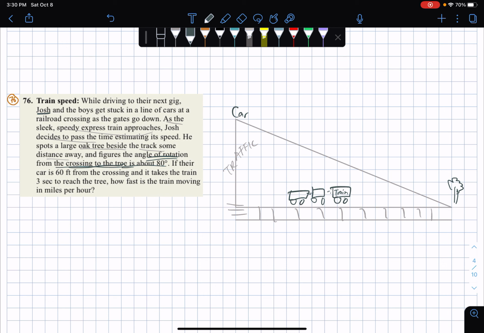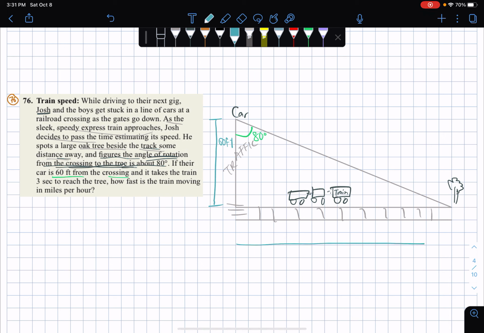The angle of rotation from the crossing to the tree is about 80 degrees. So from Josh's perspective, the angle of rotation is 80 degrees. So if their car is 60 feet from the crossing, you could say that this is the 60 feet distance. What we're looking for right now is how fast the train is moving in miles per hour.